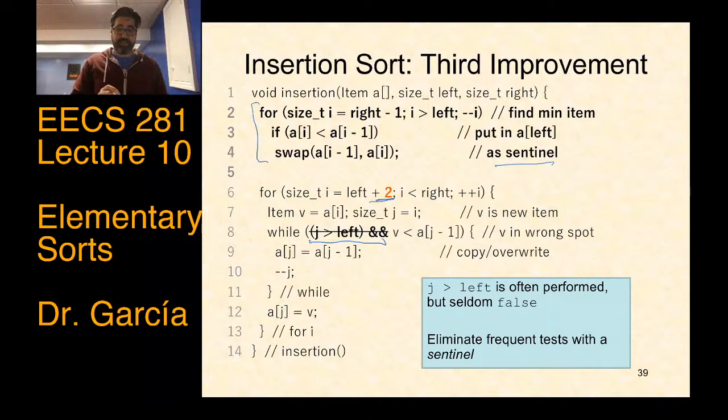That's the whole point of using the sentinel value: to eliminate this frequent check. The fact that the minimum is the first element ensures that I never get past the bounds, because at some point this while loop condition is definitely going to be true before we ever reach left.